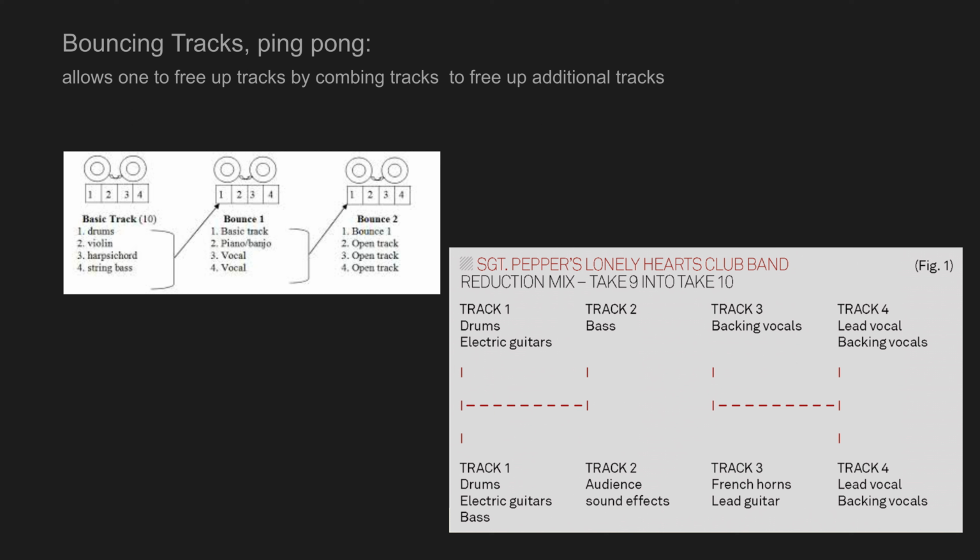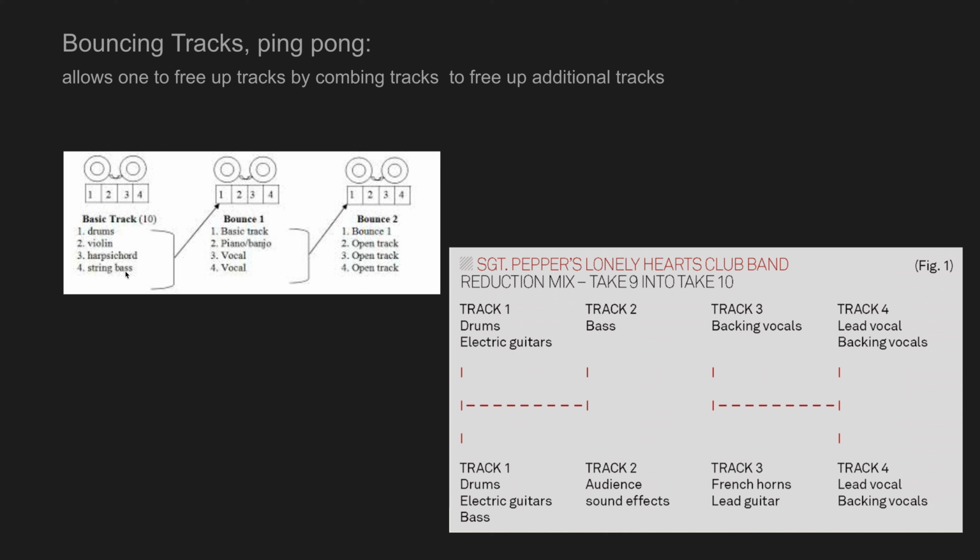All right, so bouncing tracks, or ping-ponging, allows one to free up tracks by combining tracks. This is basically a tape technique. If you had a four-input tape machine, you would put drums, violin, harpsichord, and string bass on one track.